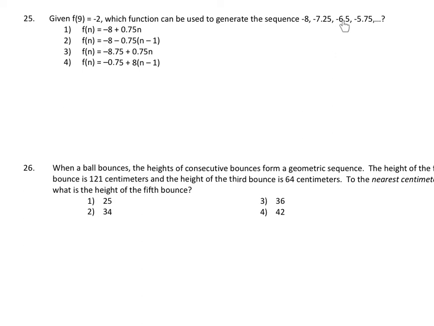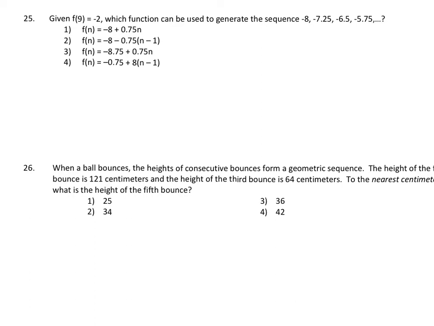Even if you're not sure if it's arithmetic or geometric, you can always take a term and subtract the term before it, and then take that term and subtract the term before it to see if we're getting a consistent number. And if not, then check if it's geometric. Take a term and divide by the term in front of it, and then take that next term and divide by the term in front of it to see if we get a consistent number. Okay, so I'm going to start with arithmetic.